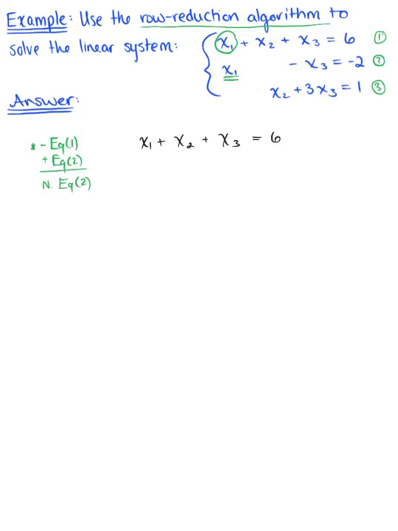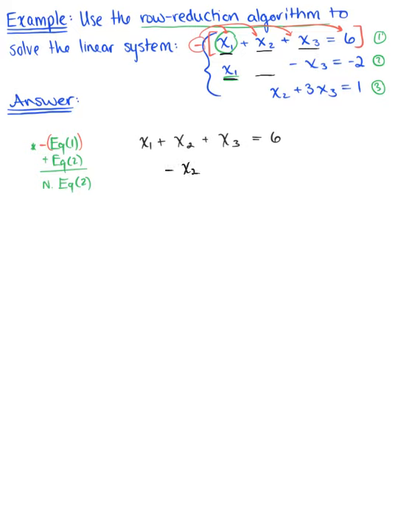And now just be careful here as you are manipulating this that we have to multiply the entirety of equation 1 by a scalar multiple of -1. So this negative needs to be distributed to each term in the linear equation on both sides. So here we go. We have minus x sub 1 plus x sub 1, which goes to 0. We'll then have minus x sub 2 plus 0 for a minus x sub 2.